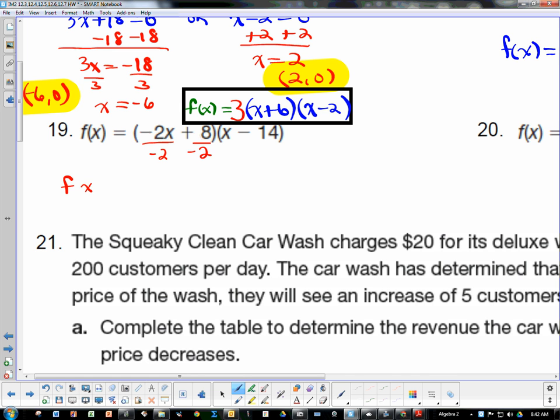F of x is equal to negative 2, because that's what I'm factoring out now. What's negative 2x divided by negative 2? X. Then, what is 8 divided by negative 2? Negative 4, close parentheses, now just bring down your x minus 14, and look what happens.